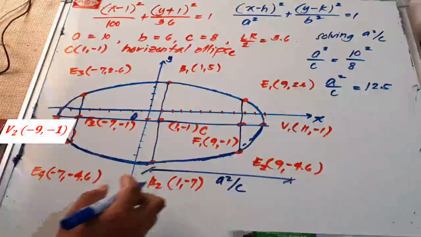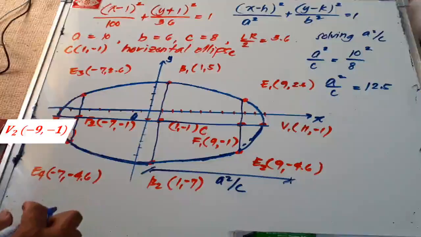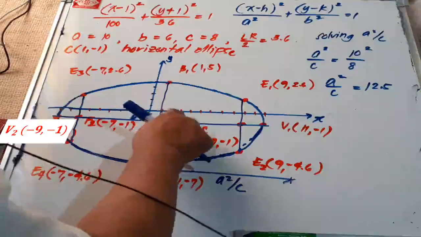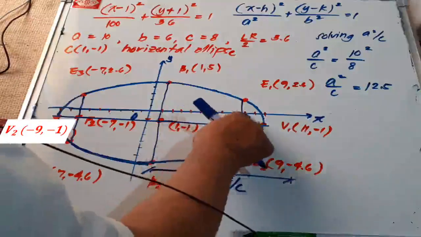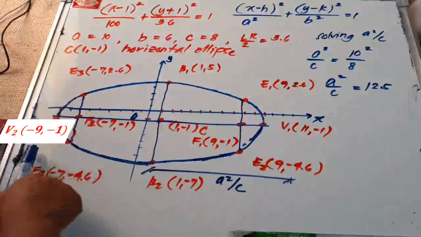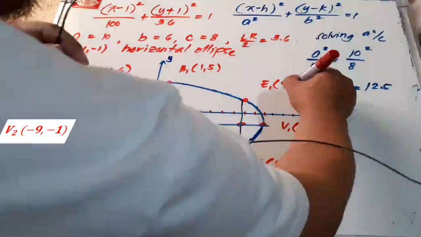So, ibig sabihin, starting from the center of the ellipse, ang kanyang layo ay 12.5. So, 1, 2, 3, 4, 5, 6, 7, 8, 9, 10, 11, 12.5, somewhere here. So, nandito yung ating directrices.